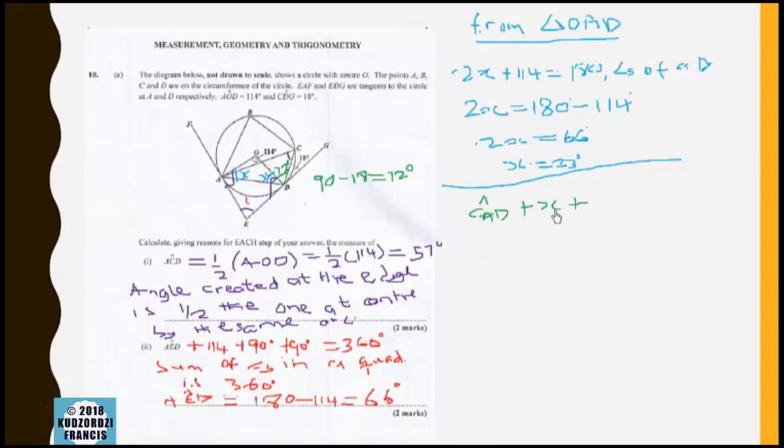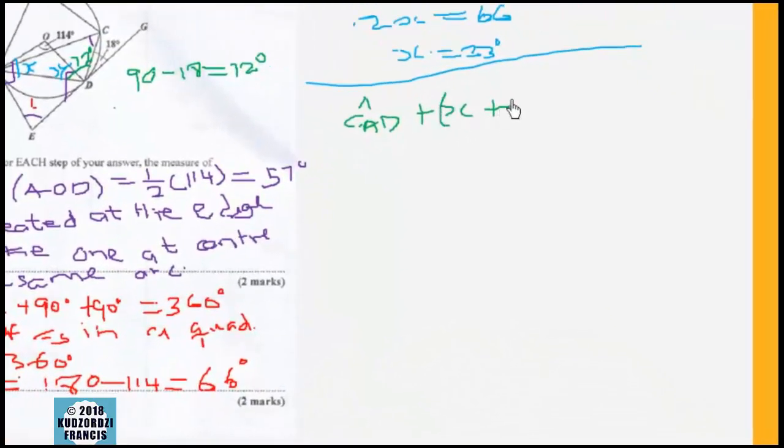So we have angle CAD plus X plus 72 degrees, plus this angle over here, which is 57 degrees, is equal to 180 degrees, since the interior angles of a triangle add up to 180 degrees.